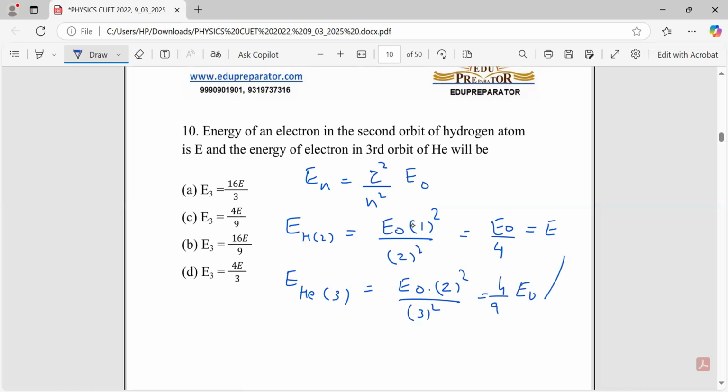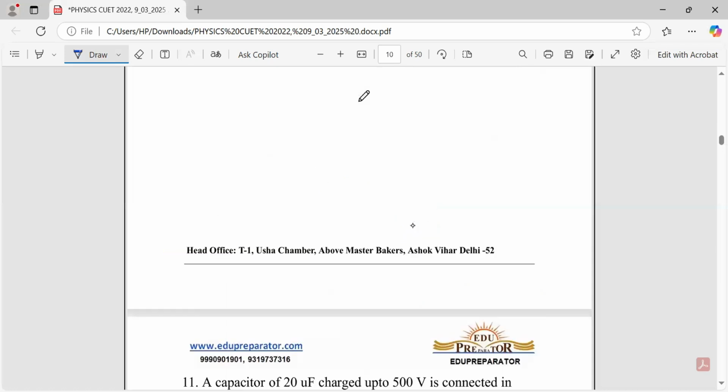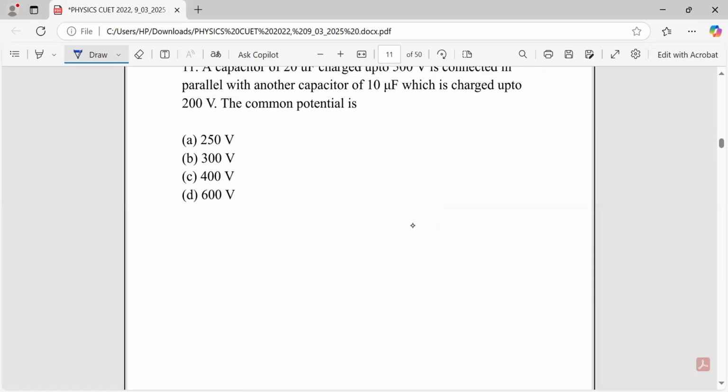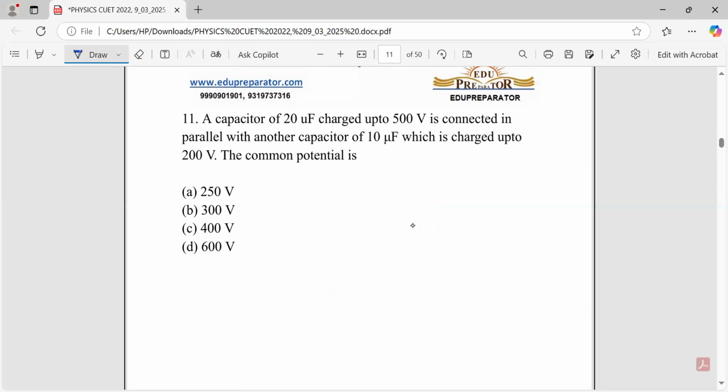Now if you add these two results, we find that the energy is equal to 16 by 9 times E. That is for the helium. Let us move further. Question number 11 is the concept of the common potential.